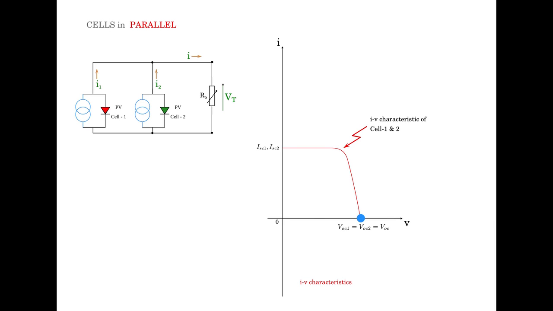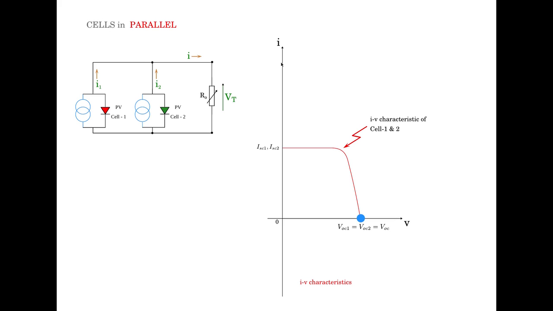Under that condition, we see that as the cells are in parallel, VOC is equal to VOC1 is equal to VOC2. Now let us get a second operating point, and let us get that by short circuiting R0. So when you short circuit R0, we are talking of the y-axis. 1 by R0 is infinity.